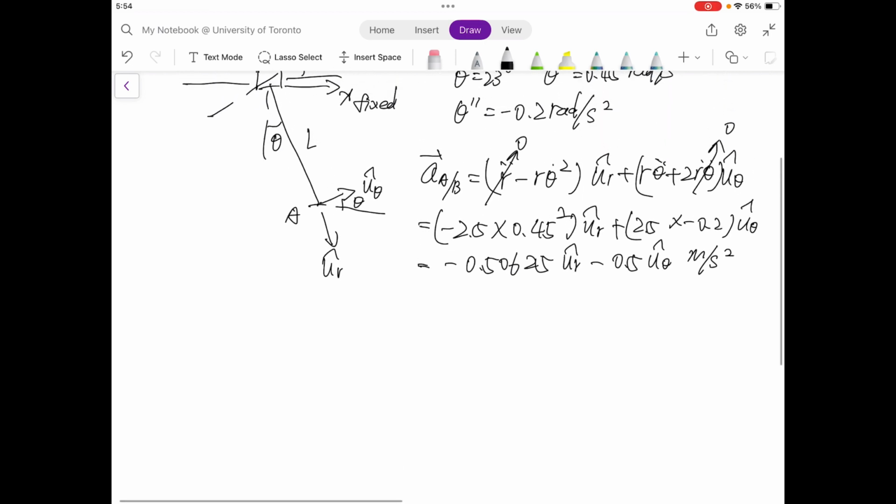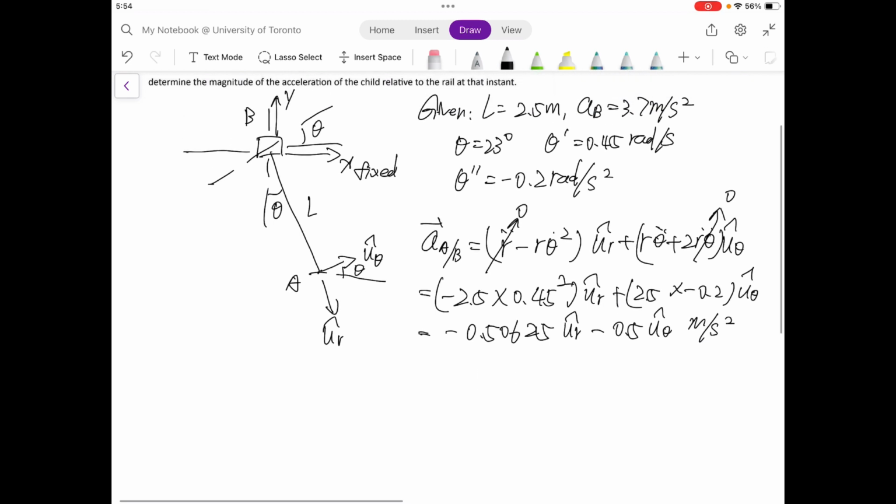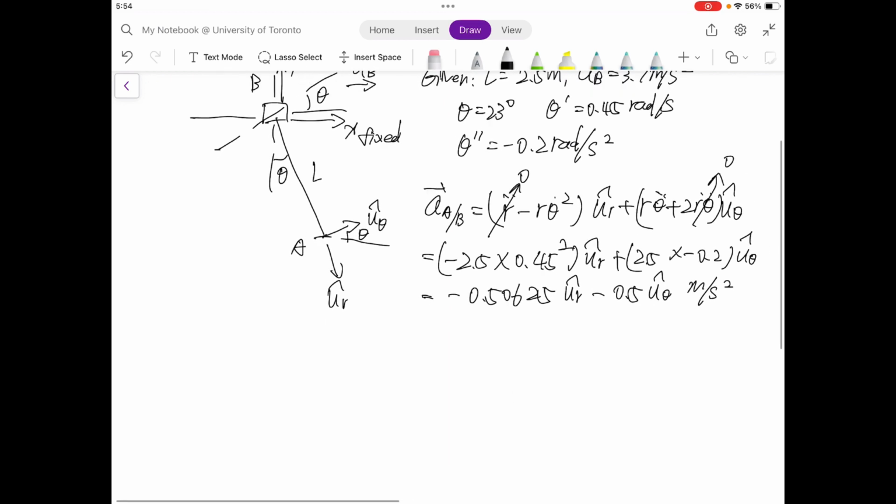And we need to express our acceleration at point B in cylindrical coordinates.